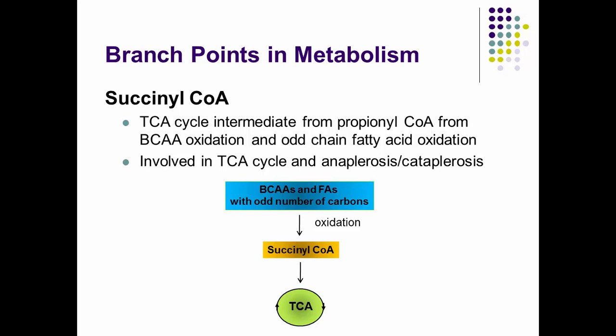And succinyl-CoA. Succinyl-CoA actually connects the TCA cycle, right, between the branched-chain amino acids and odd-chain fatty acids metabolism, right? Remember, succinyl-CoA basically is generated from the oxidation of branched-chain amino acids and odd-chain fatty acids. And this enters the TCA cycle, right, and can be used for gluconeogenesis during the fasting condition.